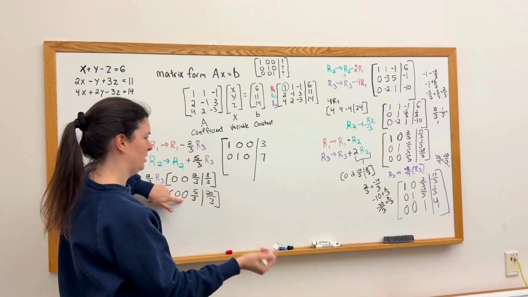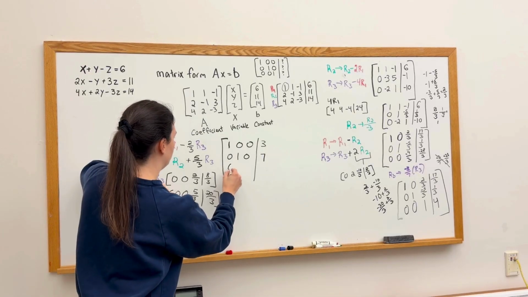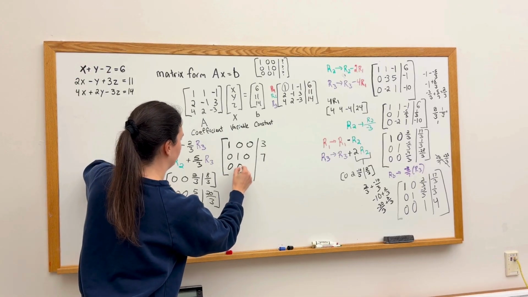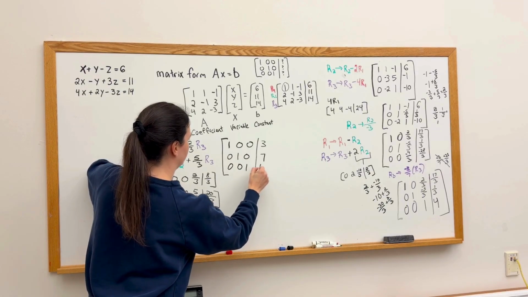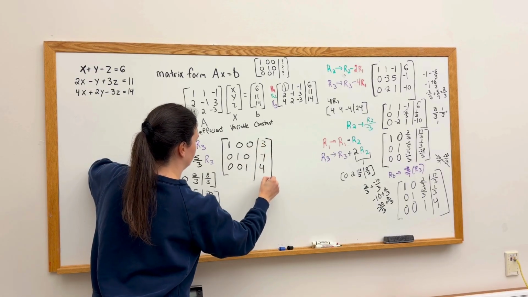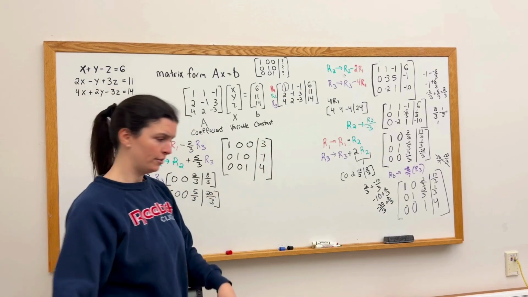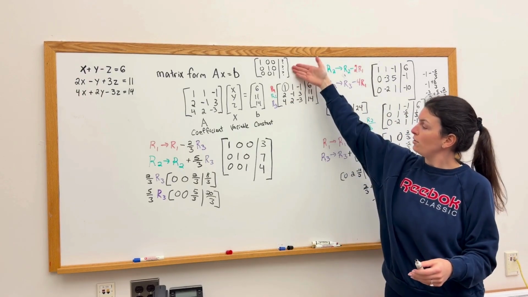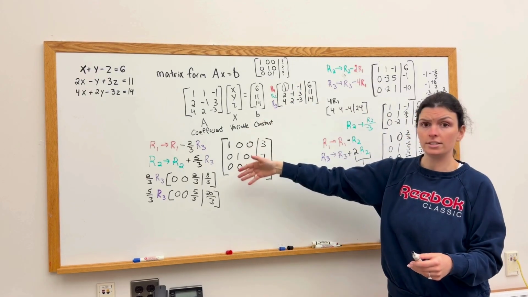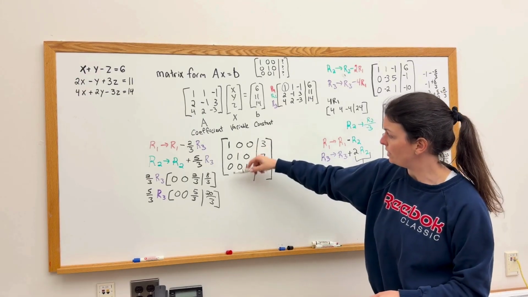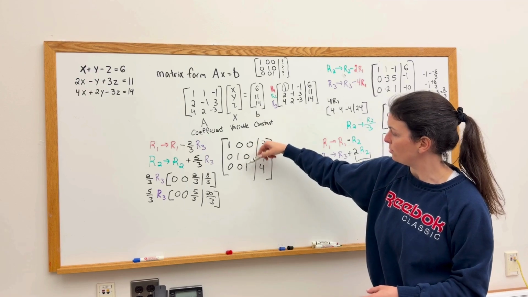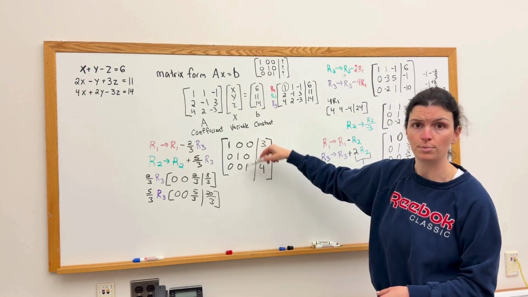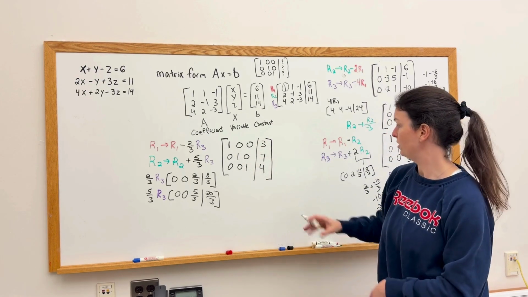Yay! And then let's plug in our row 3, which we left unchanged. So now we have the augmented matrix that looks like what we were looking for. Everything's reduced: all the pivots, everything below the first pivot, everything above and below the second pivot, and everything above the third pivot is all equal to 0.